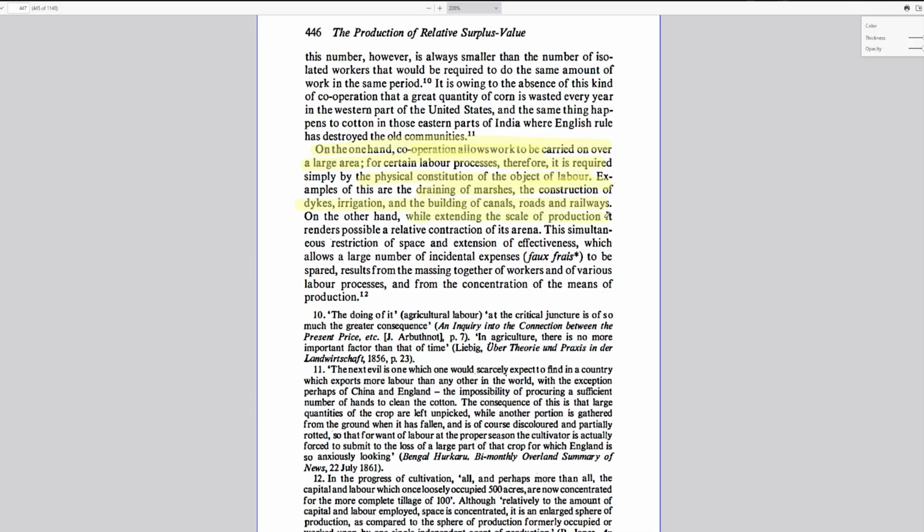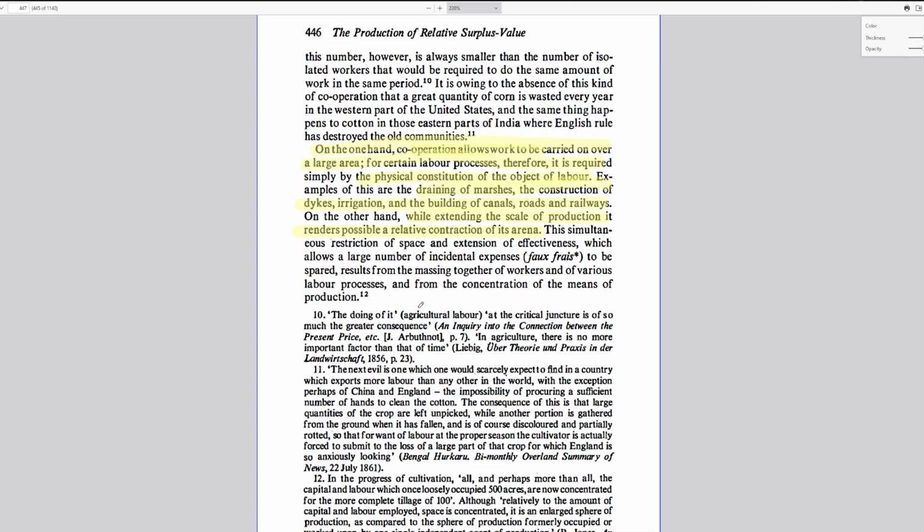so while extending the scale of production, it renders possible a relative contraction of its arena, the simultaneous restriction of space and extension of effectiveness allows for a large number of incidental expenses to be spared from the massing together of workers of various labor processes from the concentration of the means of production. So again, this is a David Harvey thing.